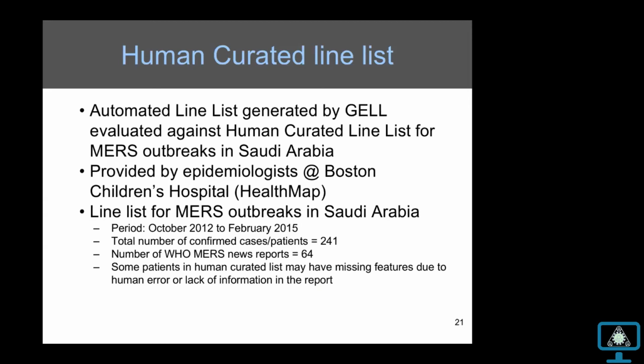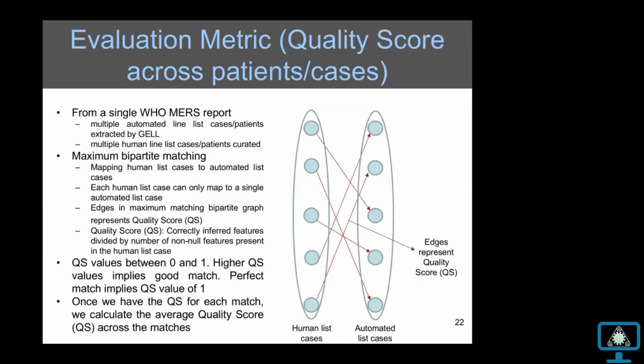The evaluation aspect of it is not trivial because, like I mentioned, you could have one report giving rise to multiple cases. So it's not a simple matter of accuracy that we would typically expect. What we end up doing is, on the left, you see each of these bubbles is a human entry. On the right is an entry that has been extracted by our algorithm.